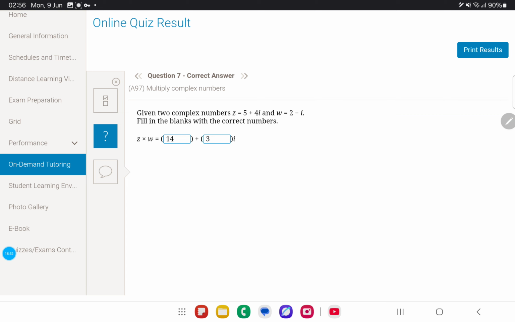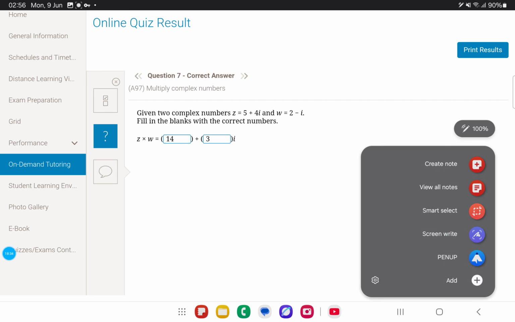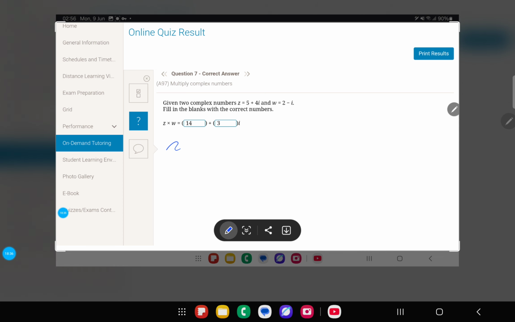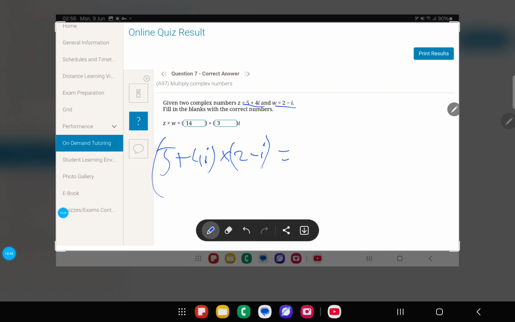Okay, they want us to multiply this time. They already gave us z and w, so we just multiply them. We have z, which is 5 plus 4i, times w, which is 2 minus i. I usually like to put them in brackets to make things easier.